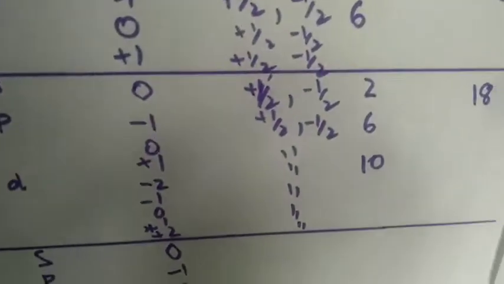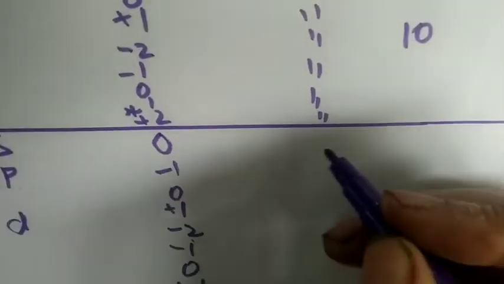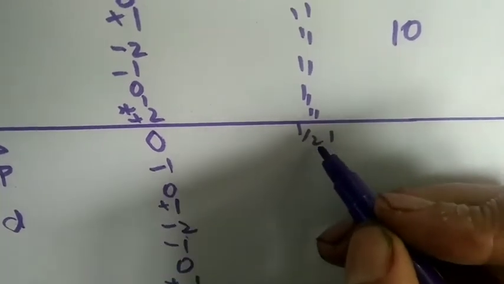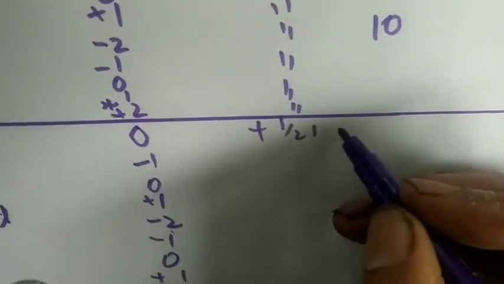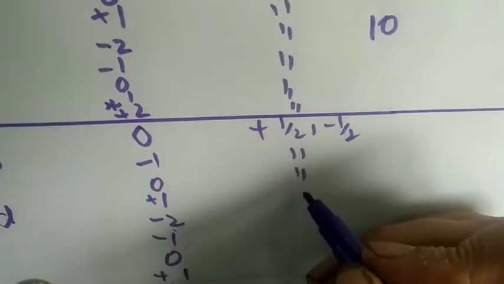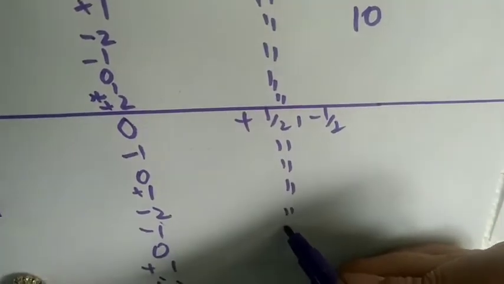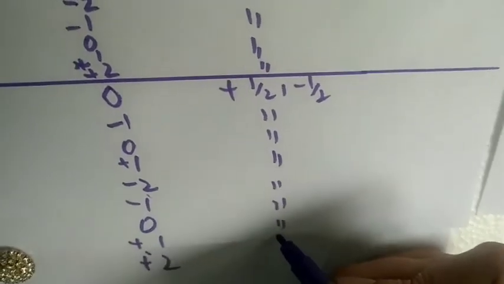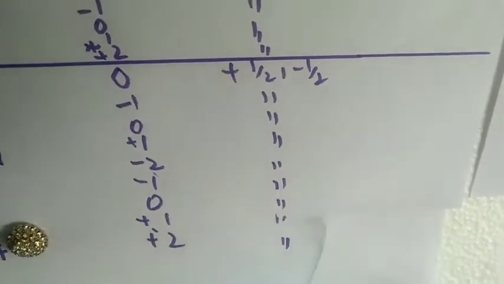Then for spin quantum numbers, each one will have two values, plus half and minus half. Same for minus 1, 0, plus 1, and for minus 2, minus 1, 0, plus 1 and plus 2.